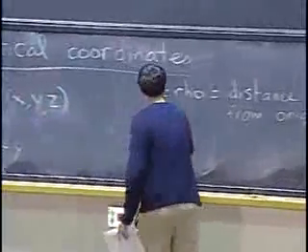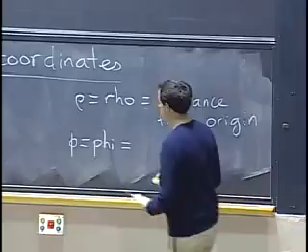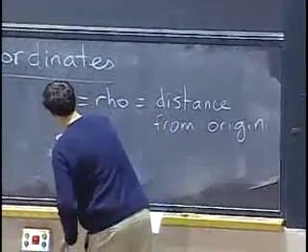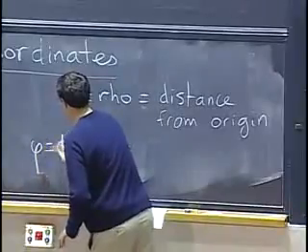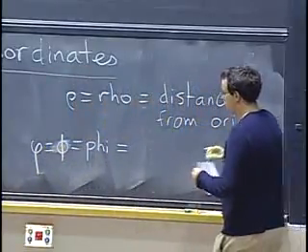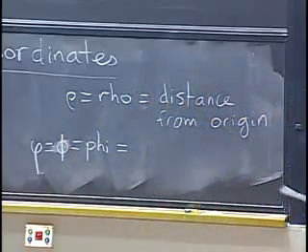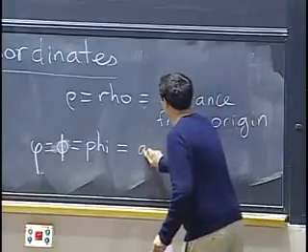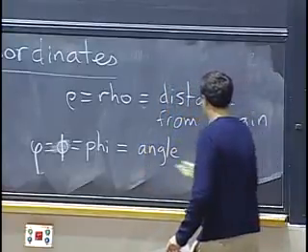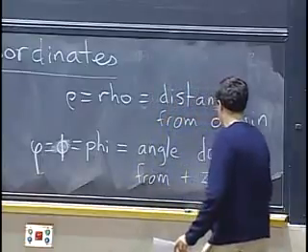Okay, so phi, let me do it better. There's two ways to draw the letter phi, by the way, and I recommend this one because it doesn't look like a rho. That's the angle that you have to go down from the positive z-axis.